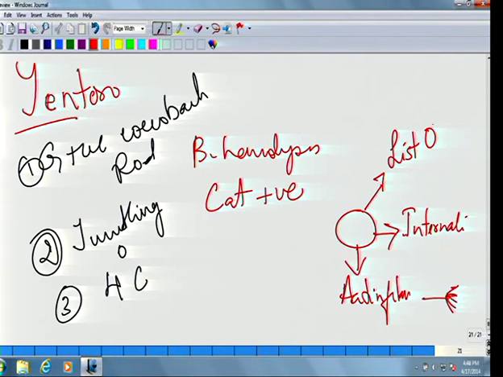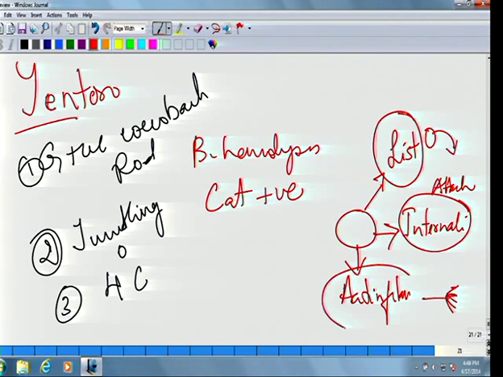Listeriolysin O, you just remember the O, it can escape from the phagocyte using this toxin. So from the phagocytic endosome, it escapes using listeriolysin. Internalin helps it attach to the host, and with actin filaments, it can move from cell to cell. These are the 3 important virulence factors of Listeria.